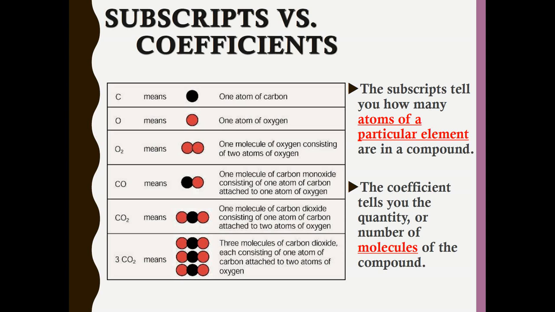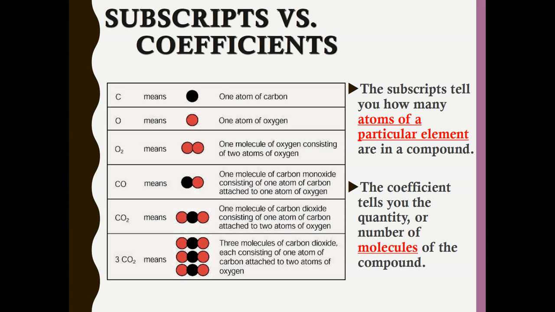So when you add coefficients, there is a difference between the coefficients and the subscripts. Every number that you have seen on the previous slide in front of the elements are the coefficients, but the numbers at the bottom, for example, when you see aluminum oxide, it says Al2O3, all the numbers that are at the bottom are my subscripts. But in 2Al2O3, the 2 in front of the aluminum oxide is my coefficient.